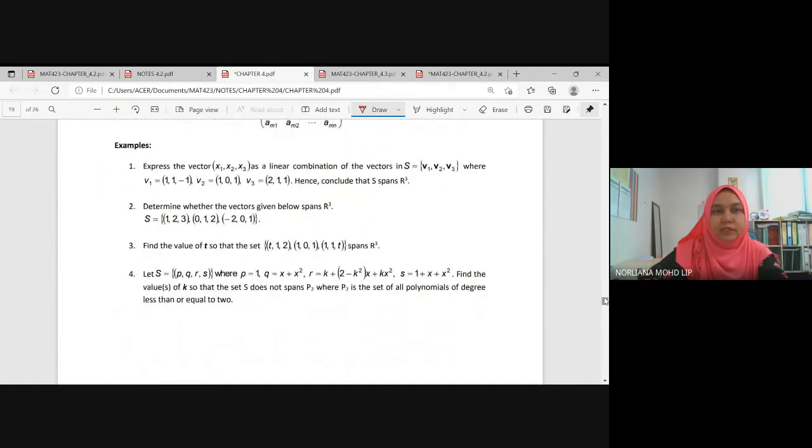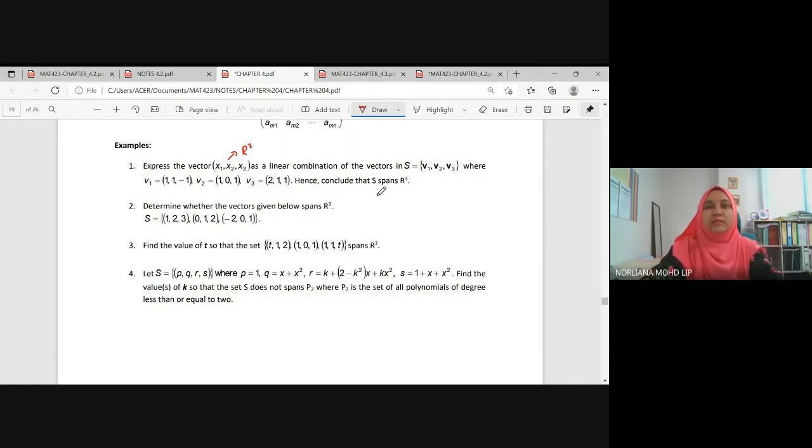Okay, example 1. Look at example 1. Express the vector (x1, x2, x3), a vector in 3-space R3, as a linear combination of the vectors in S = {v1, v2, v3}, where v1, v2, v3 are vectors in 3-space.